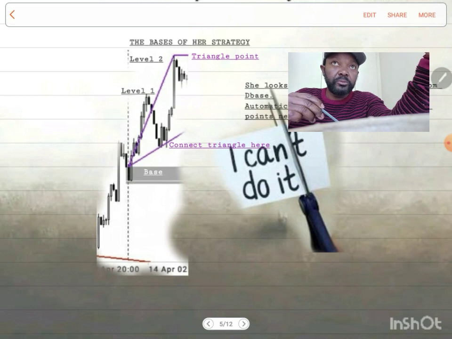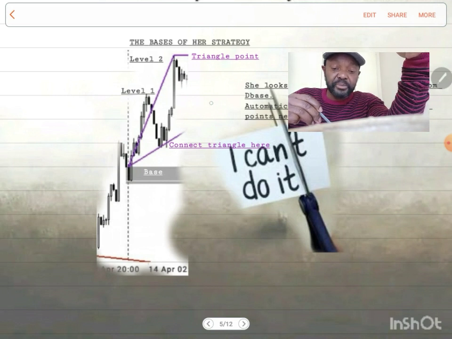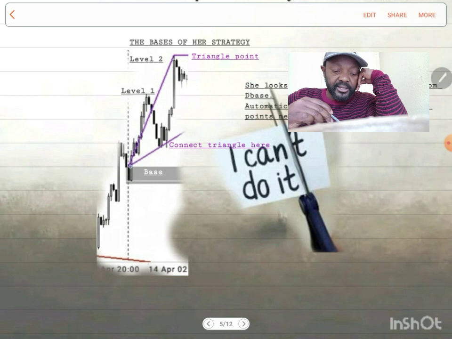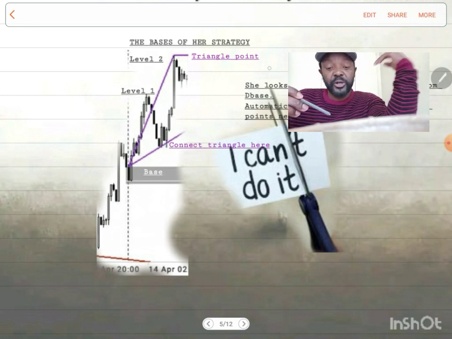Between level 2 and level 3, the base is higher. Sometimes it doesn't come back to the original base. But after this high, we put our triangle there, and possibly make it run on this first low that was attempting to come back to base.